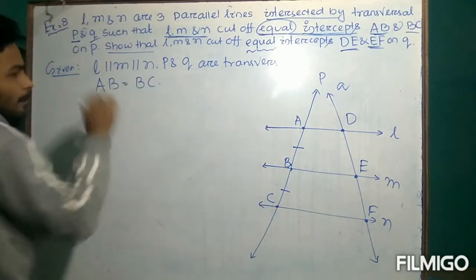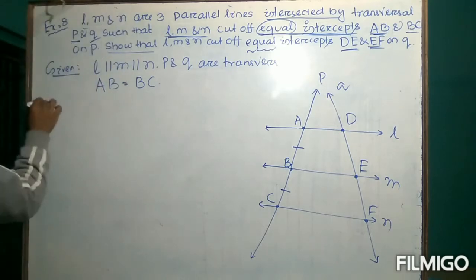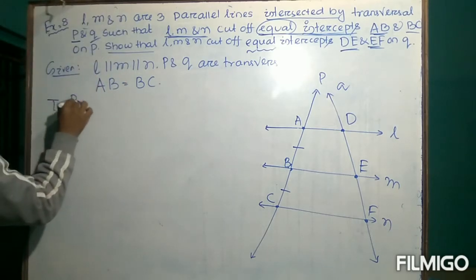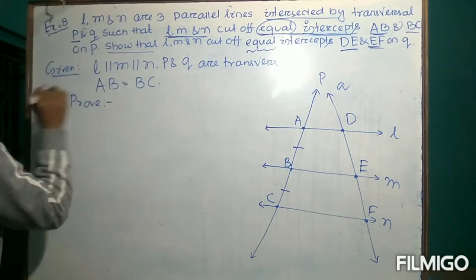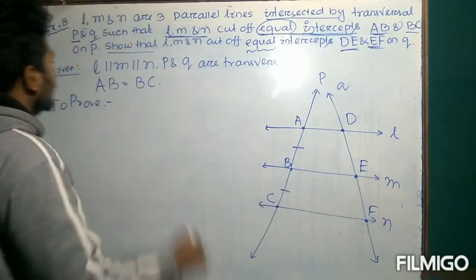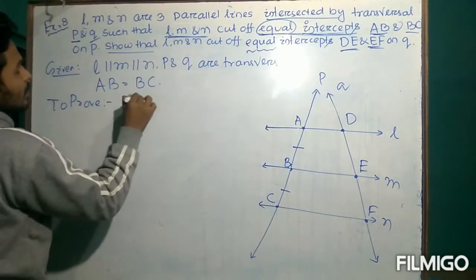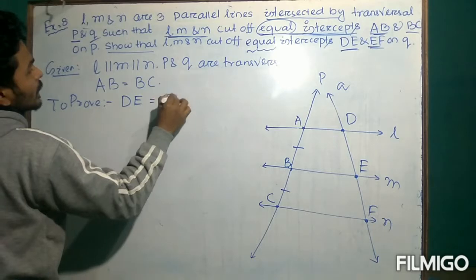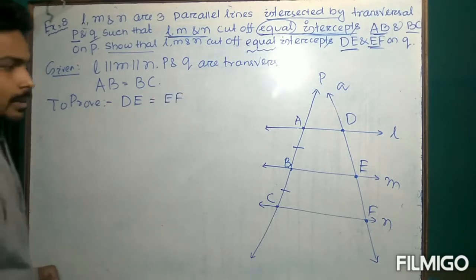This is given. We have to prove that the intercept DE is equal to intercept EF. DE is equal to EF.